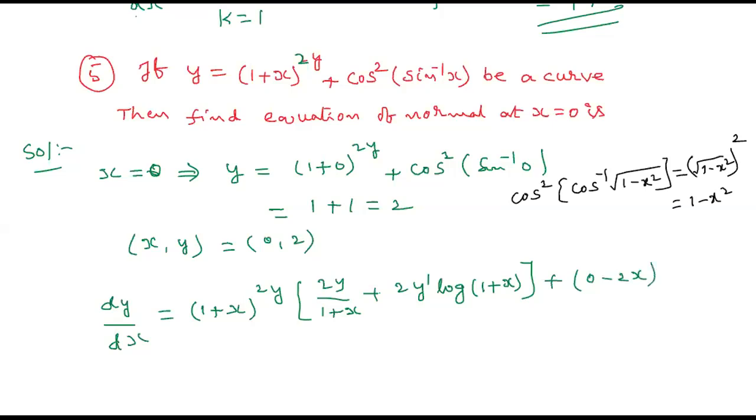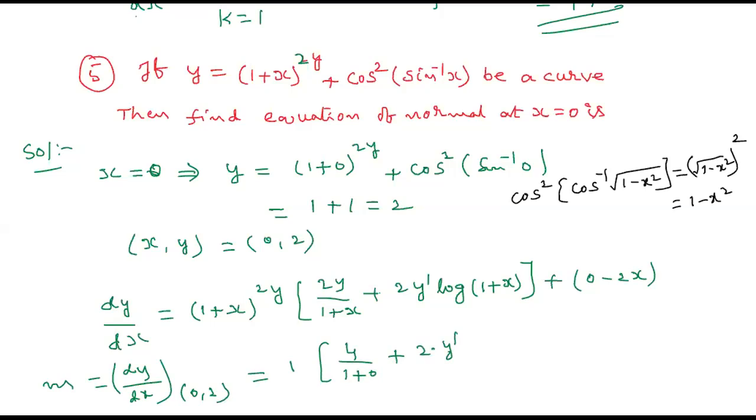Okay, now slope of tangent dy by dx at the point 0 comma 2. Already we got the point. Substitute. Here we get 1 power 2 into 2, 1 power 4, that is 1 into 4 by 1 plus 0 plus 2 into y dash.